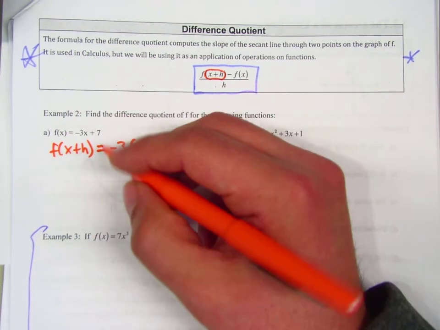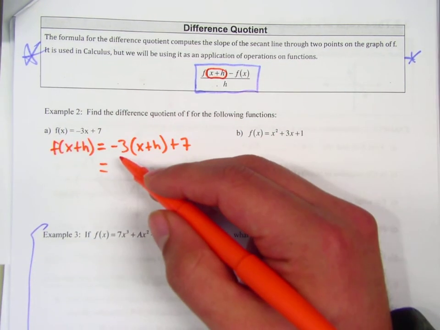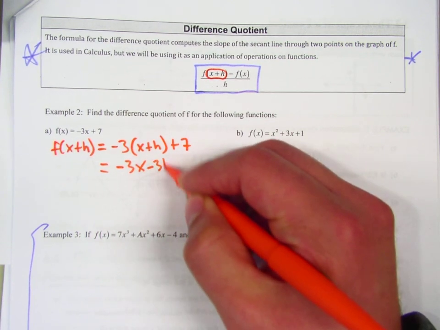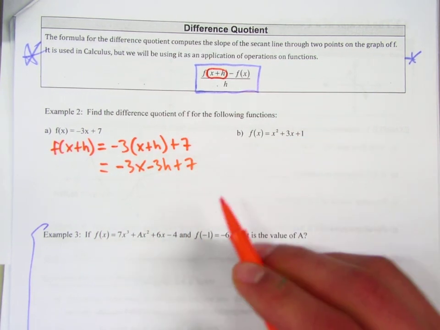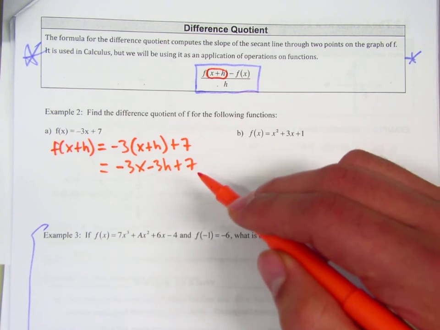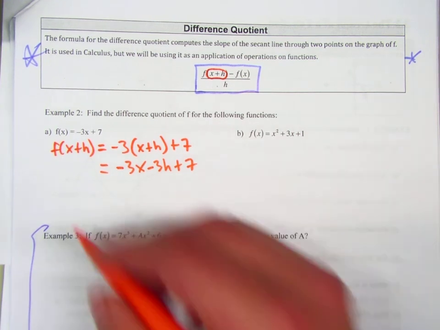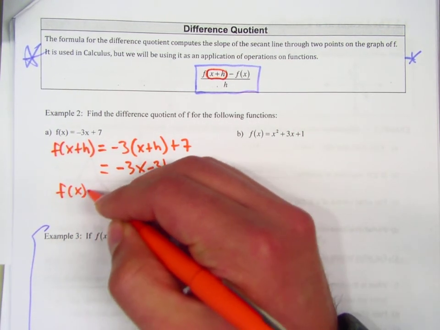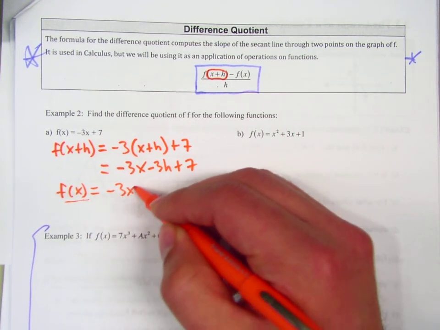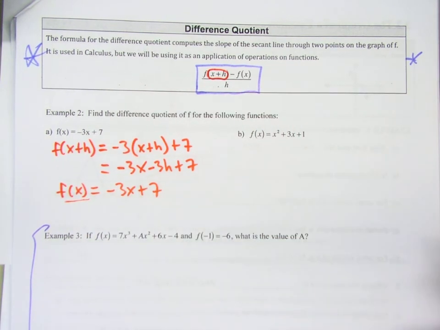Okay, and then now you're going to simplify this. What do we do with that -3? So -3x minus 3h plus 7, and now that's the first half of the top. Okay, there's no like terms there. You can't really combine anything, so that's good. And sometimes I like to actually just write it out so we can see it. f of x is just -3x plus 7, so I'm just going to write it down.